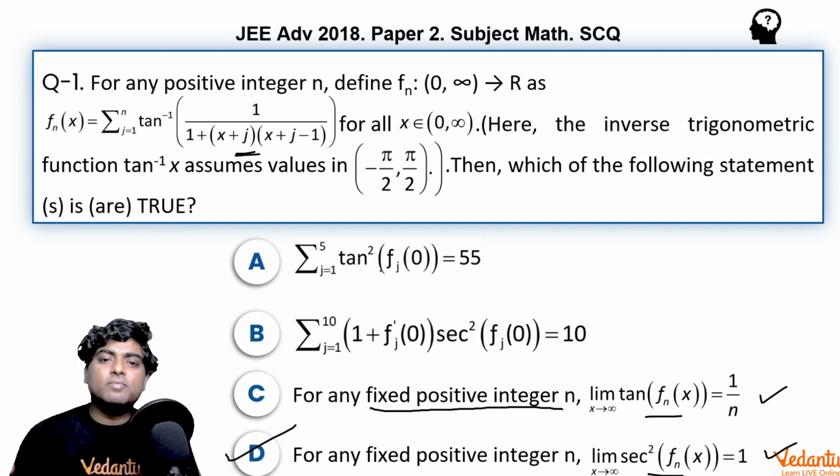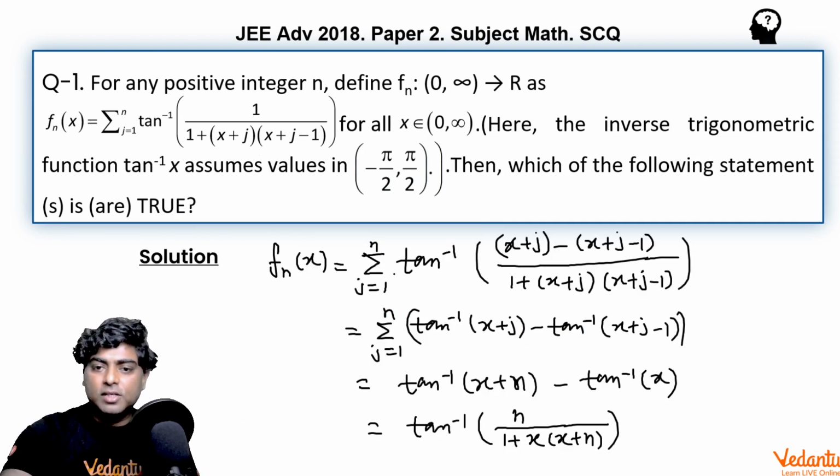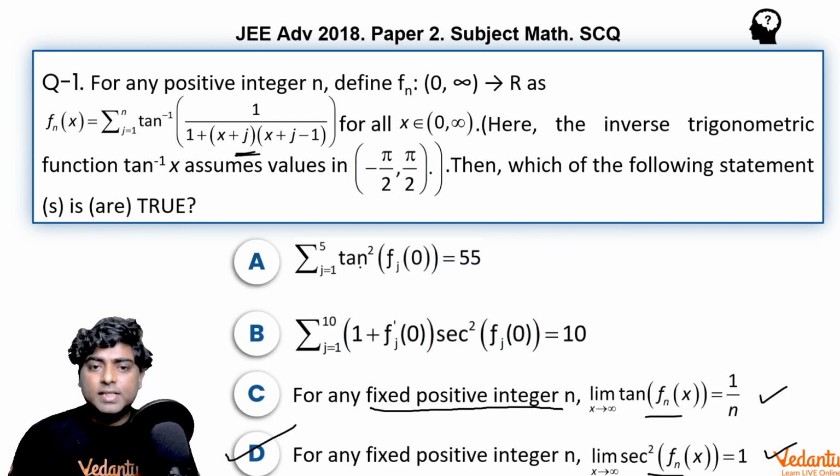And if option A and B were better options, if 0 would have been considered as a point in the domain, let us suppose 0 is there, so fj(0) would be what? When x is 0, it is tan inverse of n. So tan inverse of n is n, and tan square of tan inverse of n is n square.